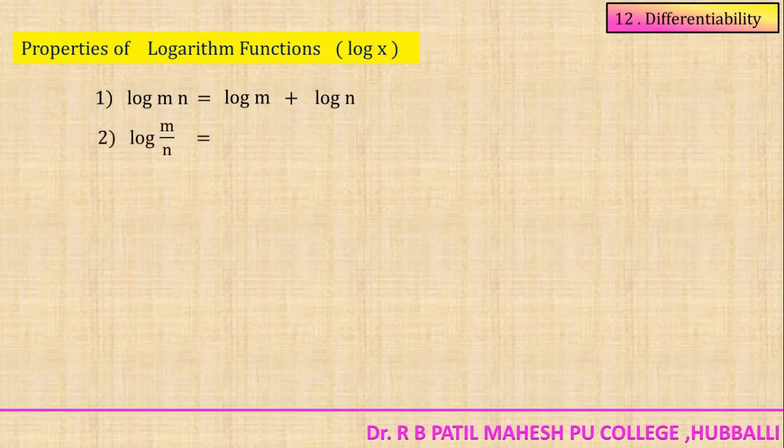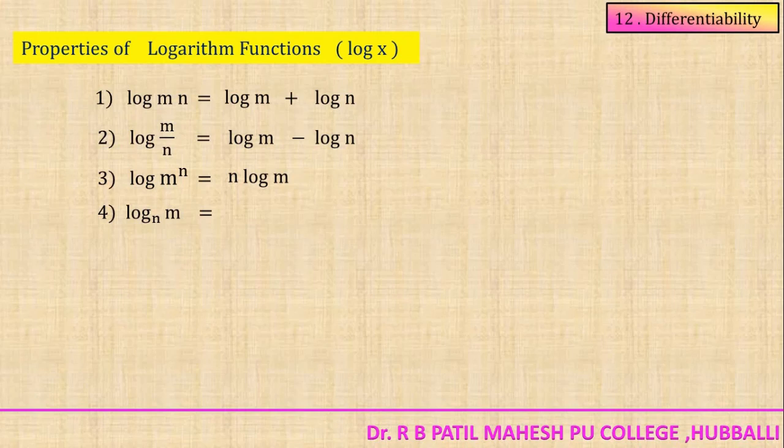Second is log of m upon n. If you have a logarithm of a division, then it is written as log m, that is numerator, minus log n, denominator. If you have a power, like log of m raised to n, then this is written as n into log m. That power comes to product.